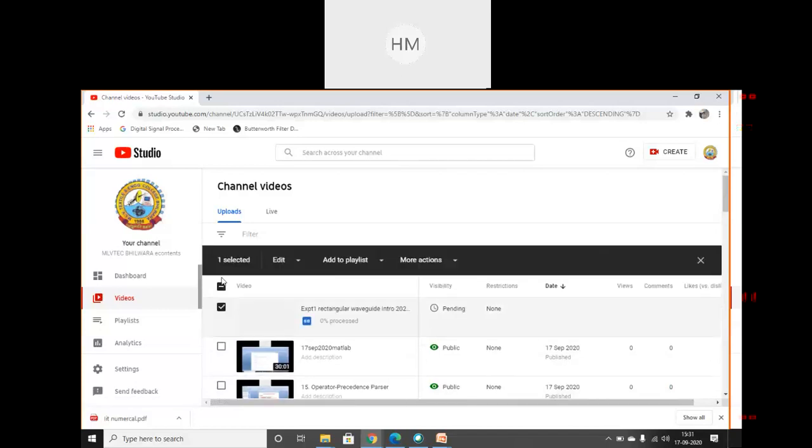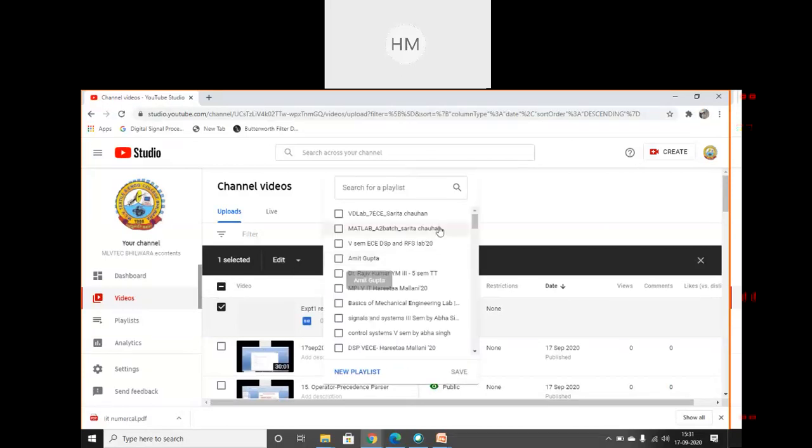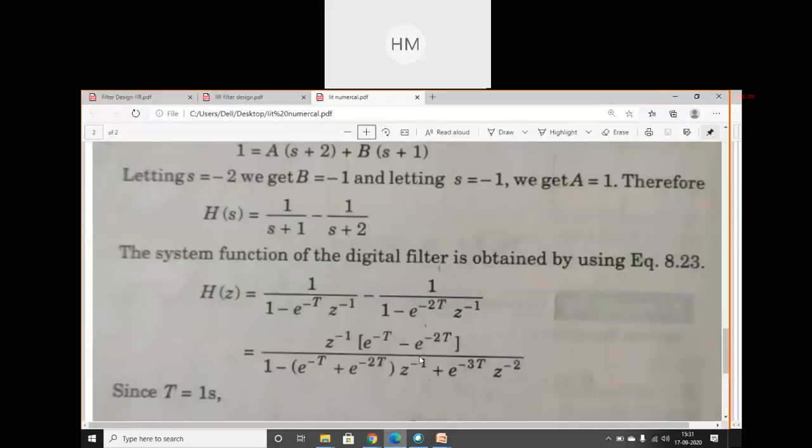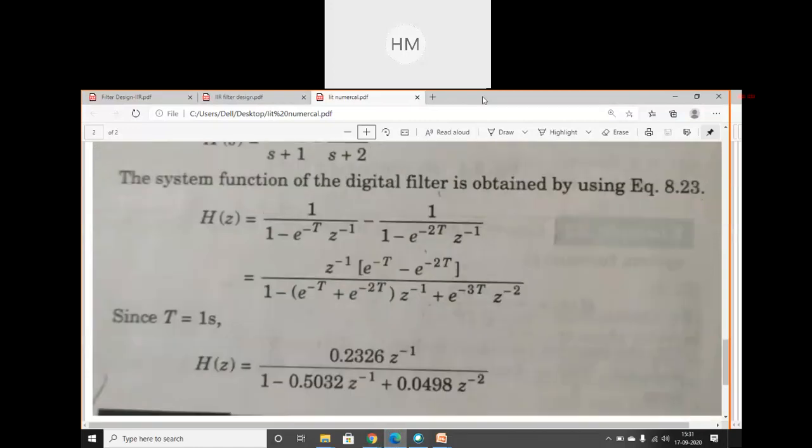After substituting T is equal to 1, you will get this equation. The same equation you can use. Your answer should be this. So please simplify it in your copy and tell me whether you are getting this answer or not.